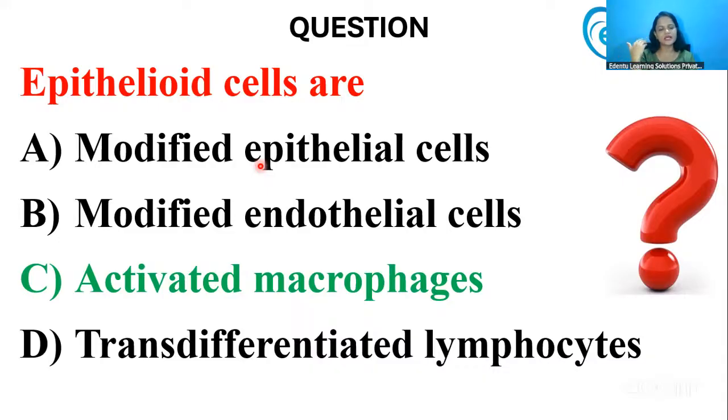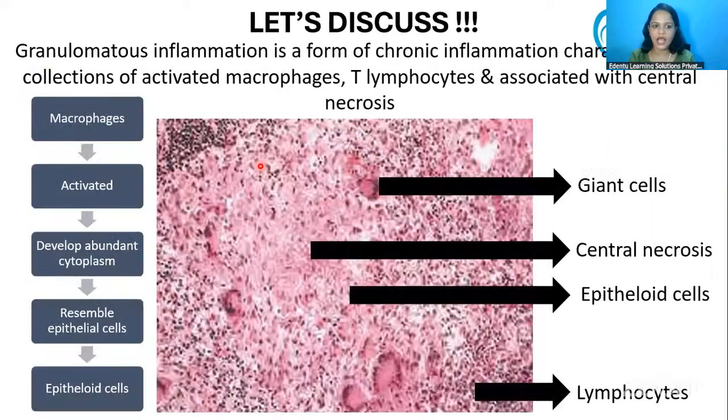That's why they are called epithelioid cells. So let's see how these epithelioid cells form in chronic inflammation. As I already mentioned, granulomatous inflammation is a form of chronic inflammation formed due to macrophages and lymphocytes, and you'll see lots of giant cells also.